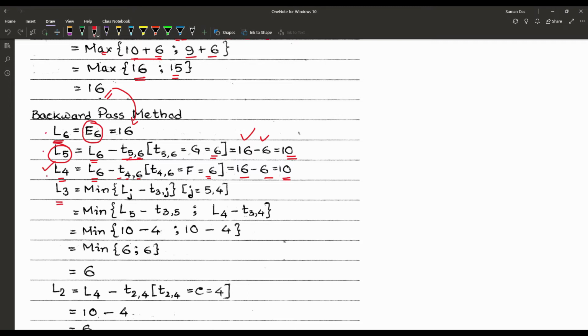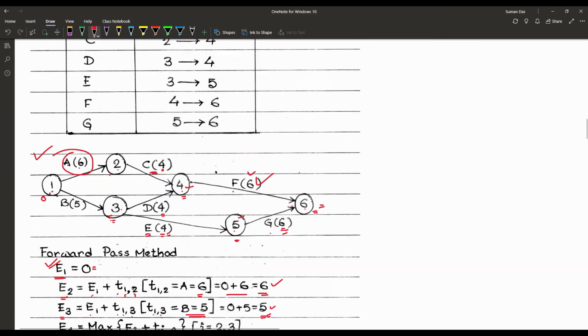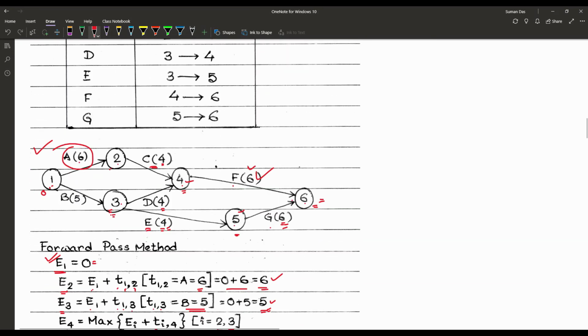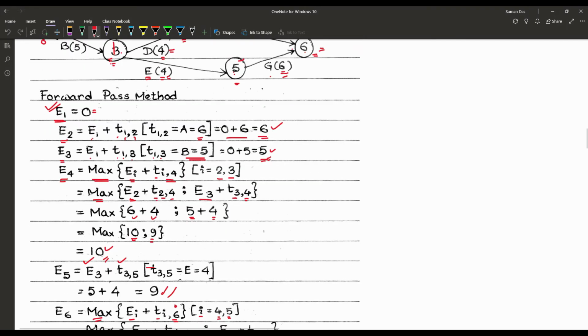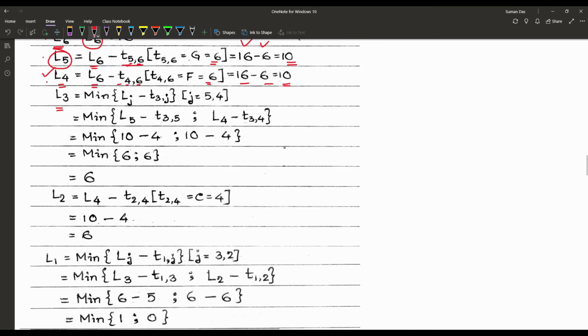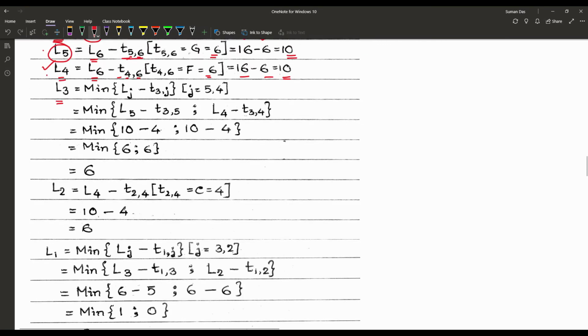Now to node 3, that is our L3. When we reach node 3, we have paths from 4 and from 5. Now T3,4 is equal to 4, and T3,5 is also equal to 4. So we have to remember both the times are 4 here. When we construct L3, that means the minimum of Lj minus T3,j, where j is from 5 or 4, two nodes.